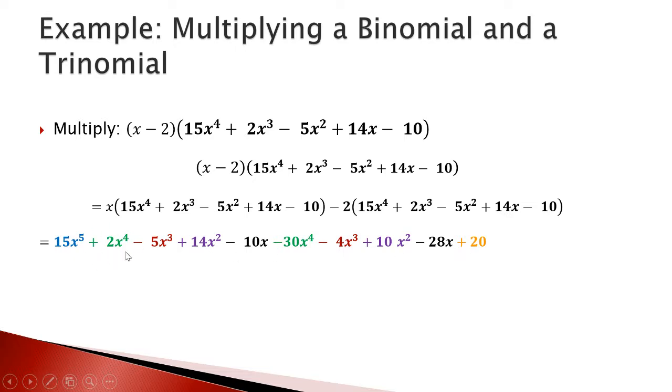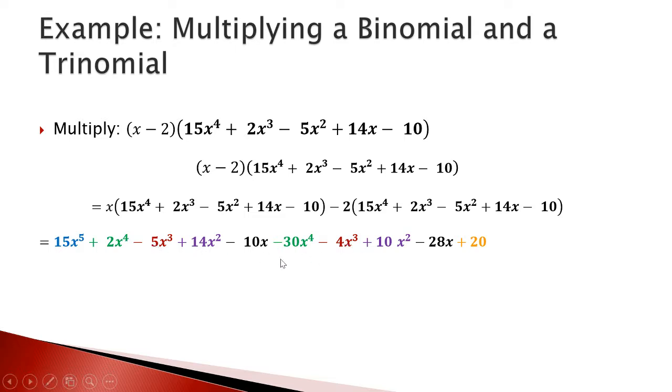So here we can see that 2 times x to the power 4 and negative 30 times x to the power 4 are like terms. Here I have represented them in green color, and negative 5 times x cubed and negative 4 times x cubed are like terms.